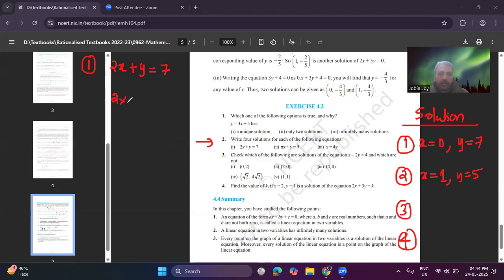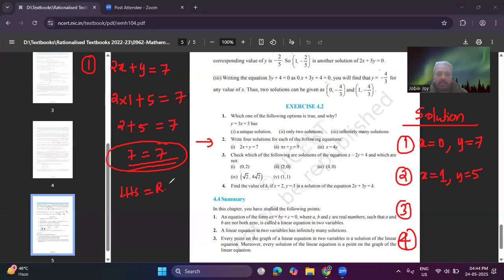So x equal to 1 means 2 into 1 plus y is 5 equal to 7. 2 into 1 is 2 plus 5 equal to 7. So 7 is equal to 7. So left hand side is equal to right hand side. So that means x equal to 1, y equal to 5 is a solution.